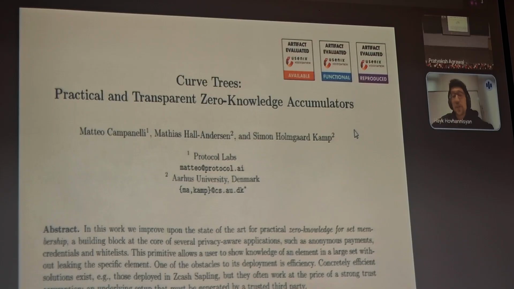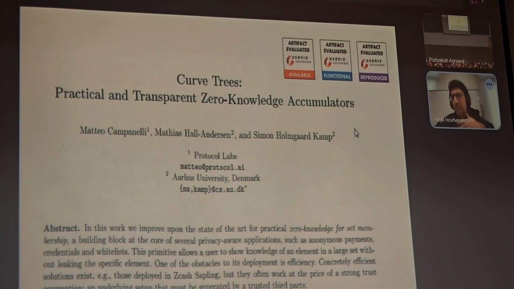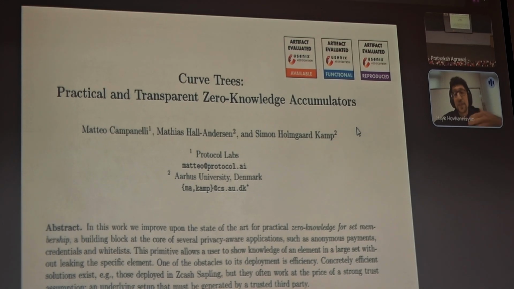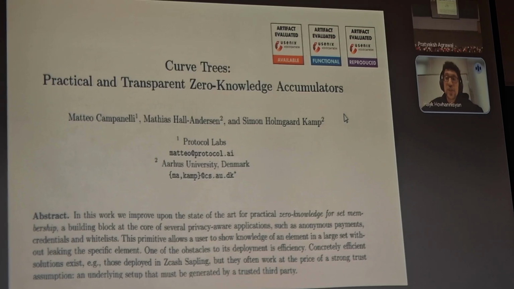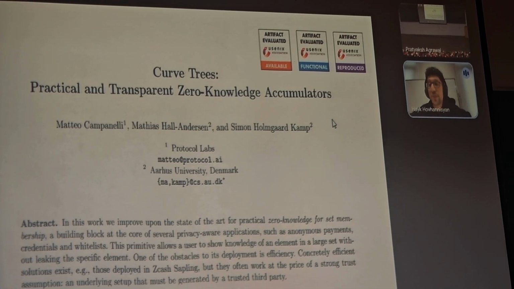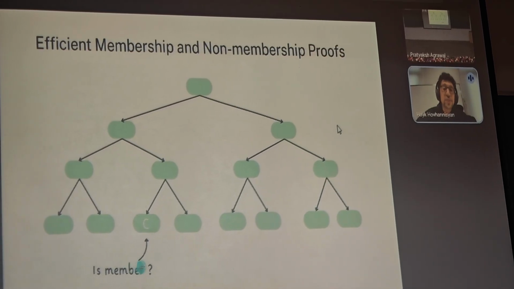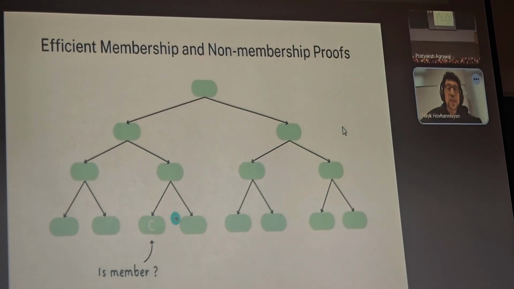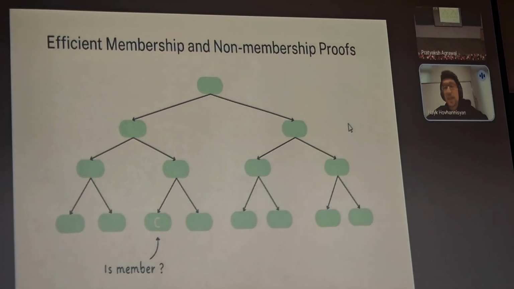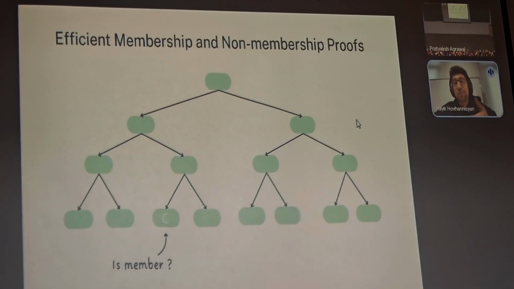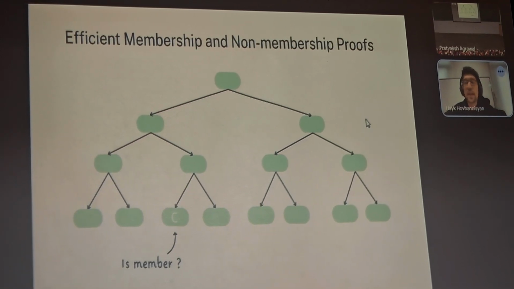The motivation of our paper came from another paper called Curdle trees. I don't want to go into details of how they work, but it's important that they are a very efficient zero-knowledge proof system for set membership proofs. Basically, you have some committed set of values, and you can prove that you are a member of this set. It can be used in private blockchains, when you have, let's say, a set of transactions or a set of addresses, and you want to prove that you are one of them.